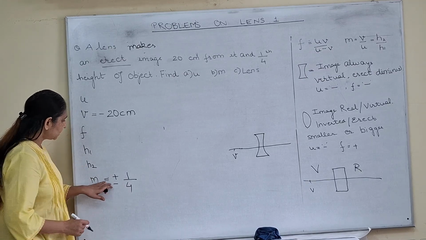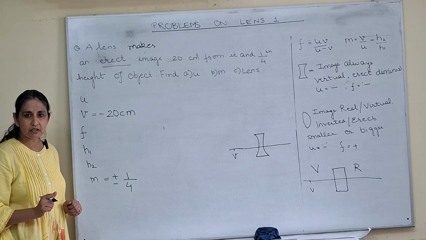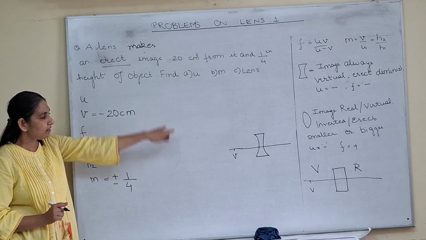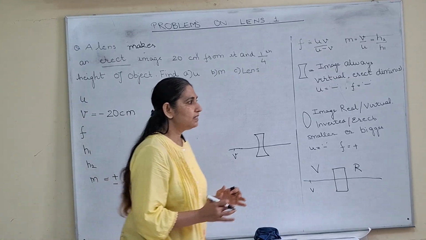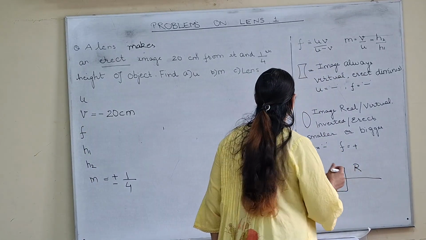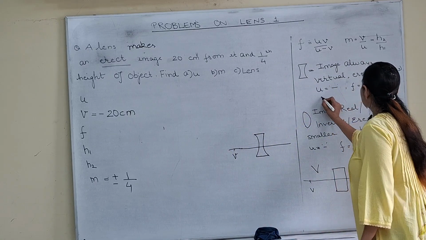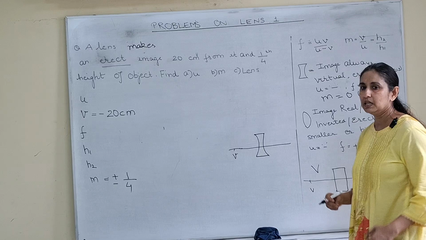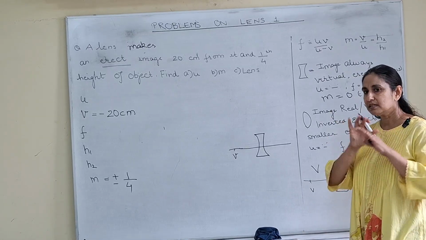Okay. Now, we have just put the sign of magnification. What to do? If it is a concave lens, the magnification always lies between 0 to 1. Have I written that? Magnification is always 0 to +1. Means 0.2, 0.5, 0.8, something like this.